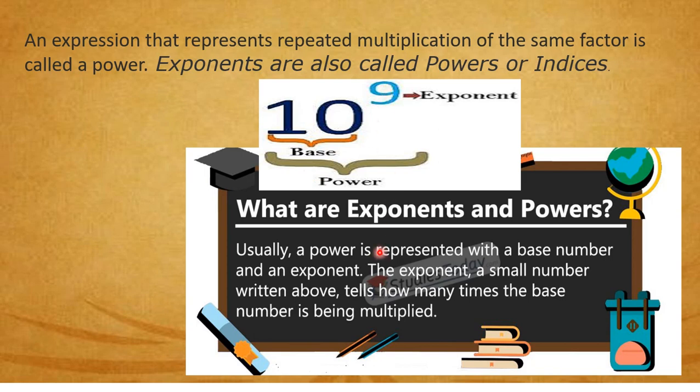The exponent, a small number written above, tells how many times the base number is being multiplied. So here 10 raised to the power 9 shows that 10 is multiplied 9 times. This exponent is also known as power or indices.